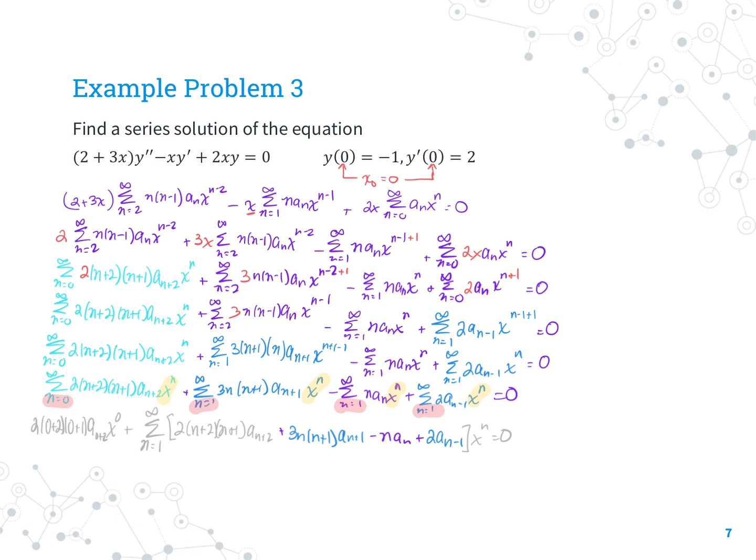We have 2 times 2 times 1 is 2, a sub 2 here, and that one's going to equal 0. Oh, sorry, it's not 2, I can count. That is 4. Sorry about that. That's 4 a sub 2.